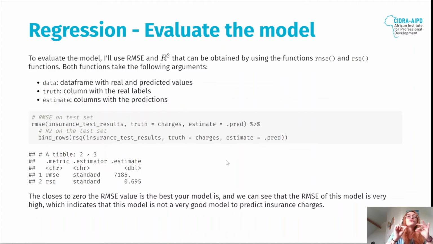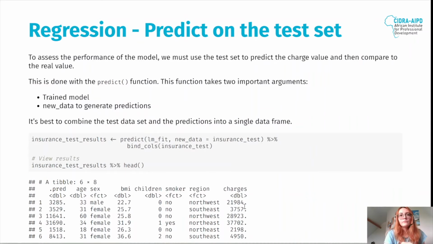The closer to zero the RMSE value is, the better your model is, because what the RMSE is doing is saying, okay, I predict something to be 3,000, but it's actually 21,000. So I'm going to do, for example, 21,000 minus 3,000 and square it, right?